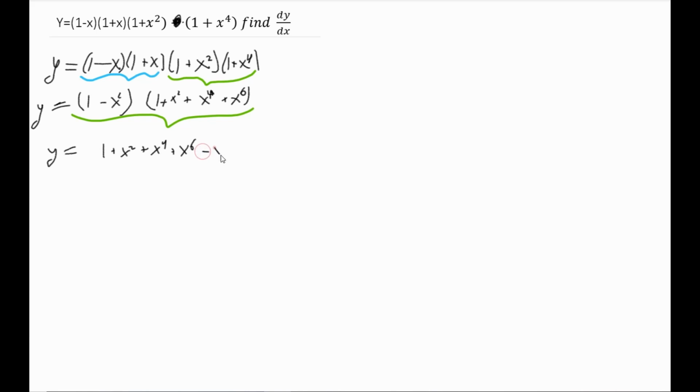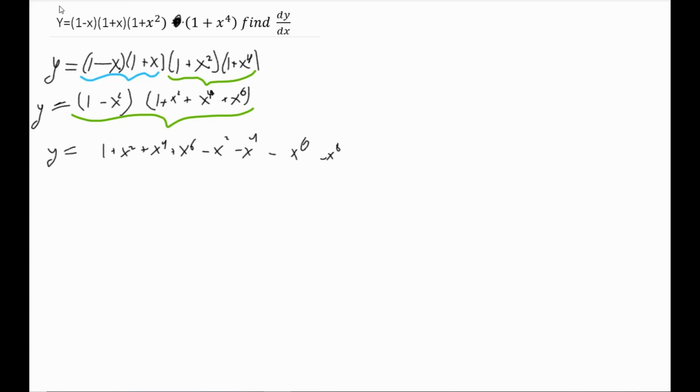We're going to get minus x squared minus x to the 4th minus x to the 6th, and then minus x to the 8th. Okay. And so hopefully you remember that when you multiply two exponents together, you add the exponents.